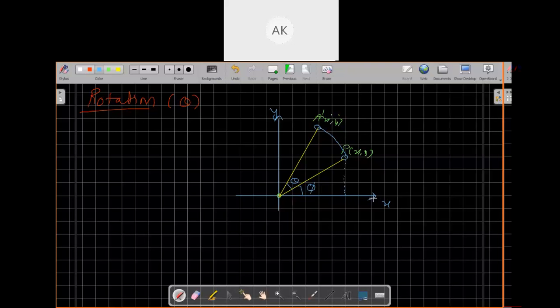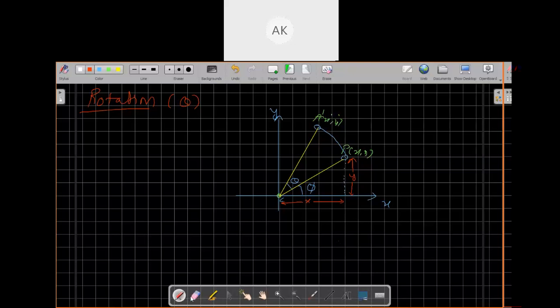So the current position of your object is at location P with coordinates x, y, and we have rotated this object by theta angle with respect to the origin, and the new position of your object is P dash because the coordinates are x dash, y dash. Is it clear?